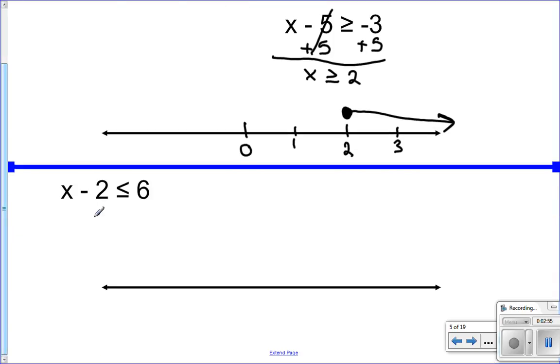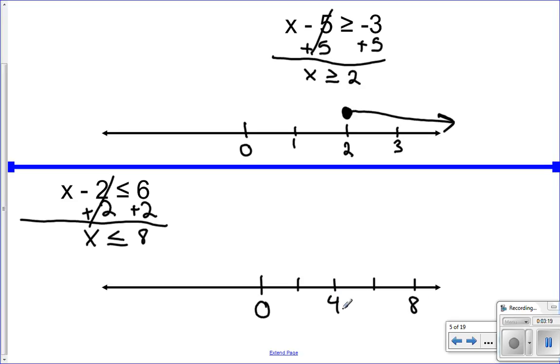For the bottom one, x minus 2 is less than or equal to 6. I'm going to add 2 to both sides. I get x is less than or equal to 6 plus 2, which is 8. So go to my number line, 2, 4, 6, 8.